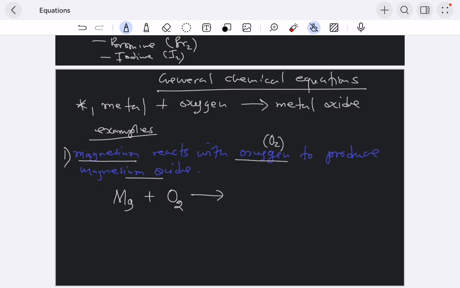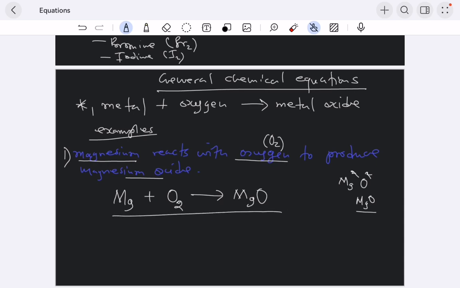So what is magnesium oxide? You go back to chemical formulas. You're combining magnesium and oxygen. The valence number of magnesium is 2, and the valence number of oxygen is 2. The valences cancel, so it is MgO. So this is magnesium oxide.